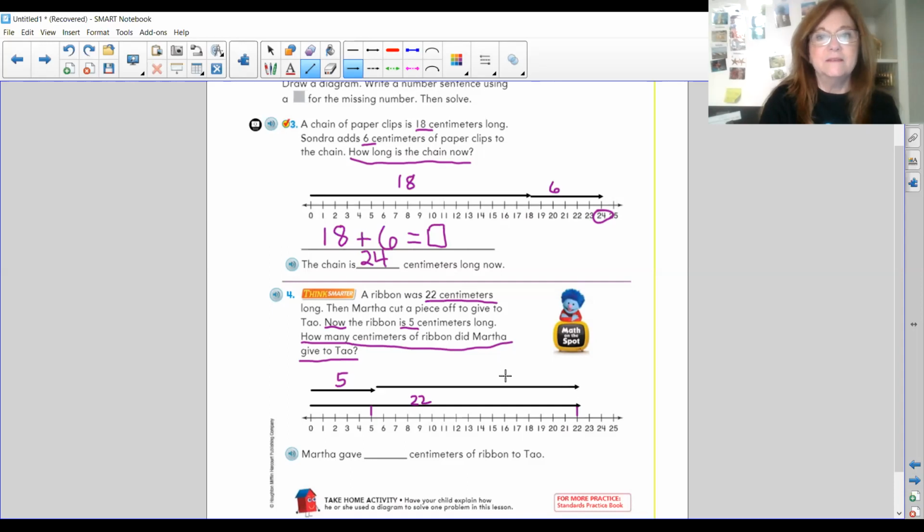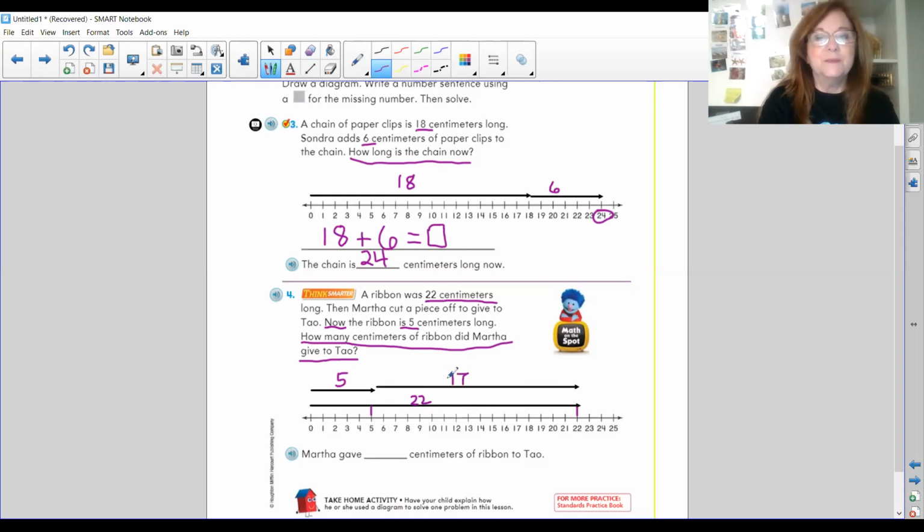We could draw that line, and then we'll know that this line right here is the amount that was cut. So we don't know what that is, but we can just count 1, 2, 3, 4, 5, 6, 7, 8, 9, 10, 11, 12, 13, 14, 15, 16, 17. So if we counted right, this line should be 17.